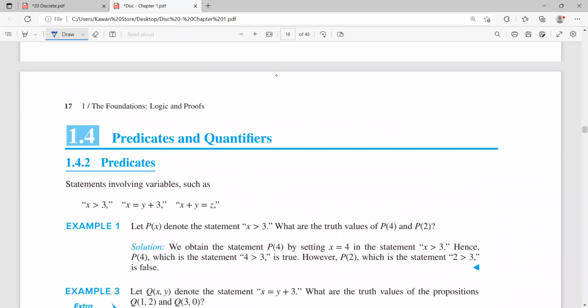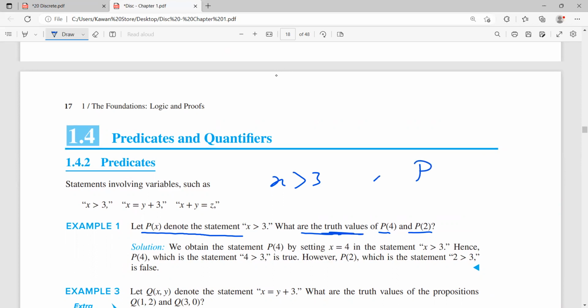So I'm going to leave the second for you. We have P of X as the statement. What's the statement? X is greater than 3. What are the truth values, meaning true or false, of P(2) and P(4), or P(4) and P(2)? So let me check for P(4).